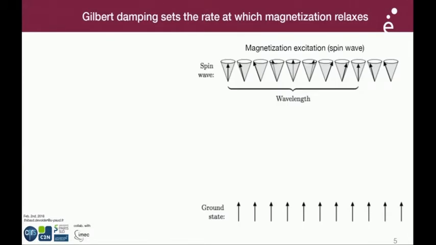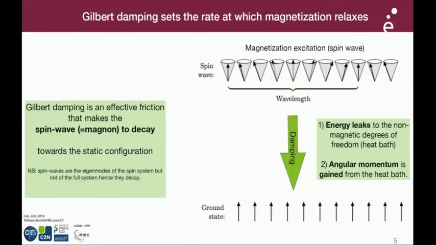So why does damping matter? If you take a ferromagnetic body, the ground state is with the spins parallel and at rest. The excited states of these systems are called spin waves: a precession of the magnetization with a wavelength and a frequency. But it's an excited state, so it will decay in time, and the process by which the spin wave decays is governed by a quantity called the Gilbert damping.